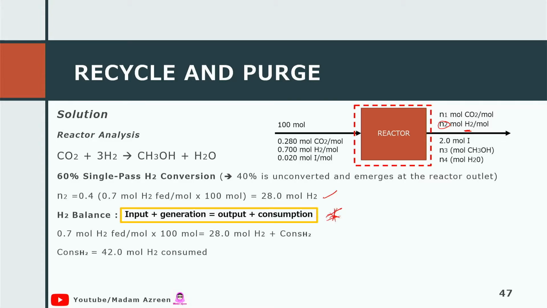Okay, so from 0.7 mole and 100 mole, which is the input, there is no generation, it is equal to 0. There is no new hydrogen being formed. Okay, you have only the input and the output, which you already calculated here, and the consumption you have to calculate.